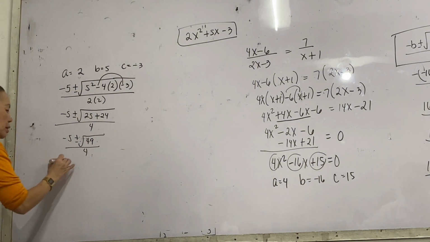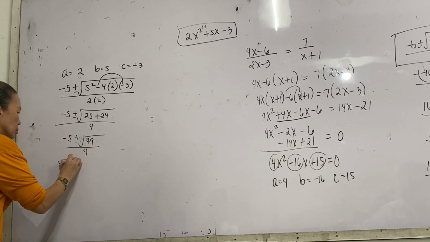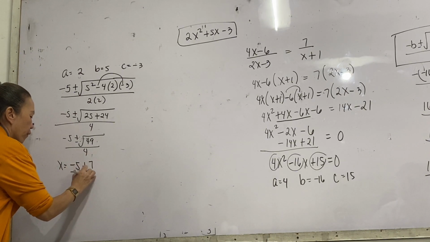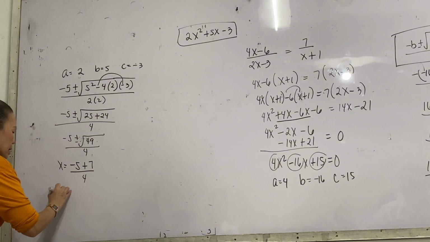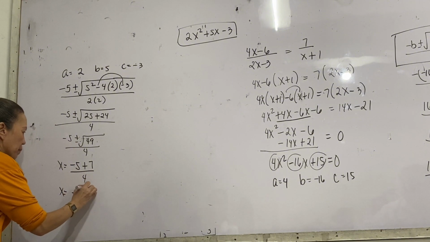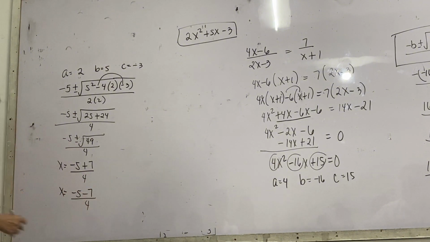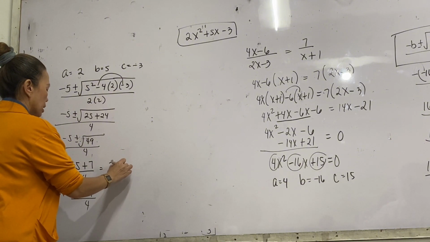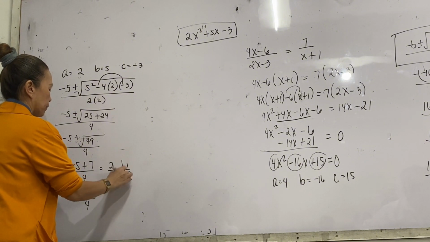So we have x is equal to negative 5 plus 7 over 4. The other one is negative 5 minus 7 over 4. What is negative 5 plus 7? Positive 2 over 4, that will be 1 half.